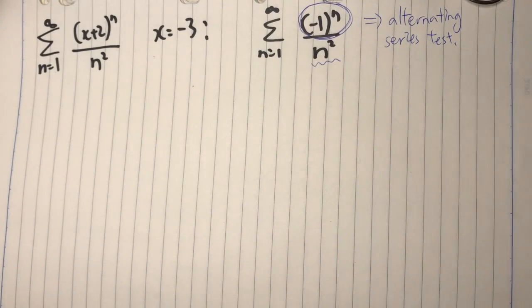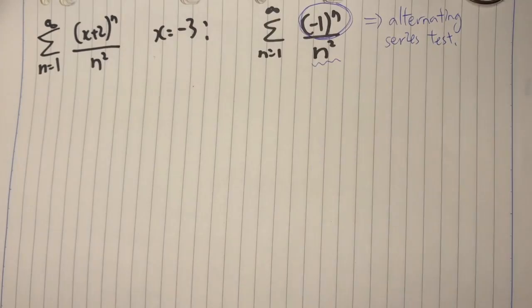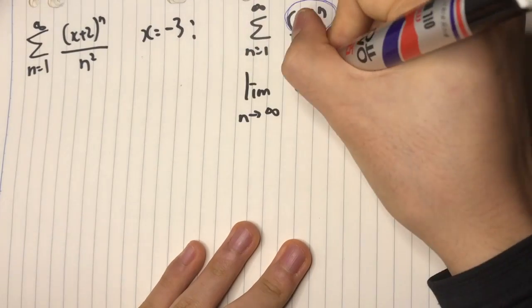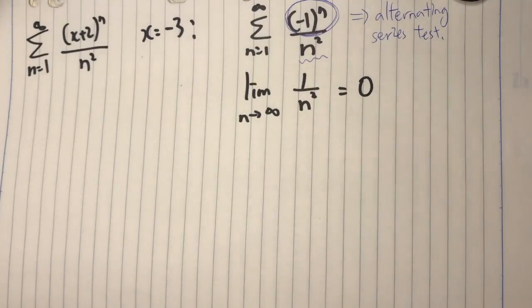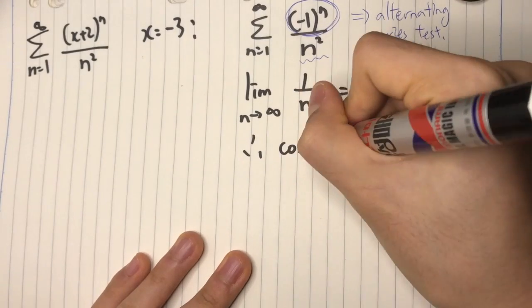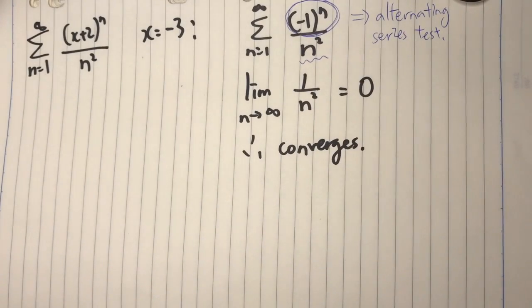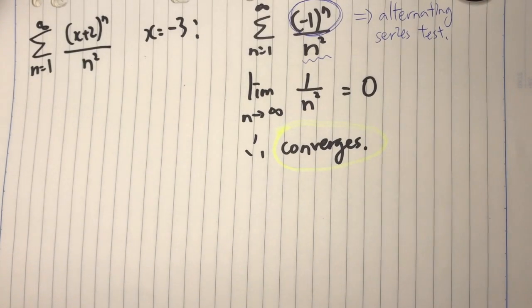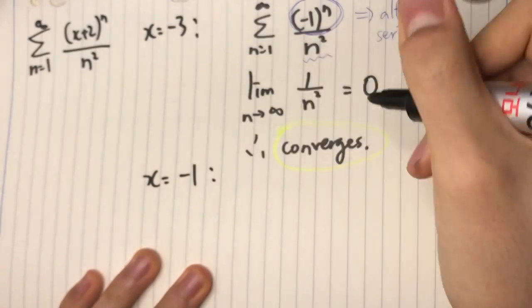We know that 1 over n squared is a decreasing sequence. So if we perform the alternating series test, the limit of that goes to 0, and so we know that the above series converges. So -3 is in the interval of convergence.